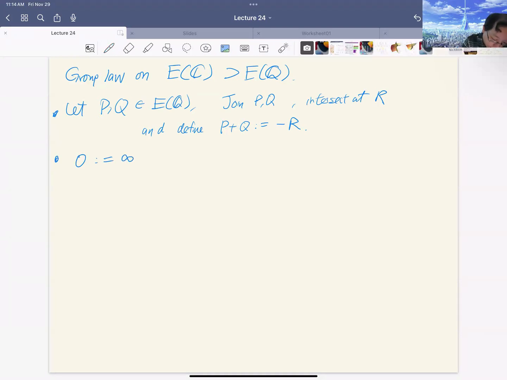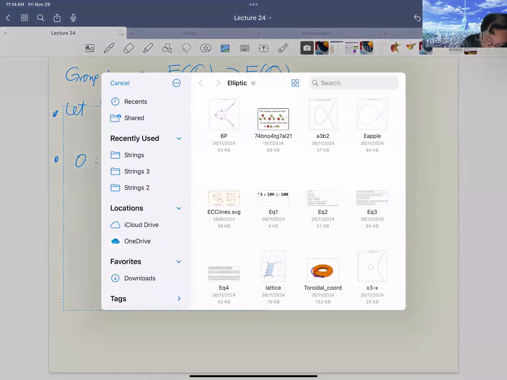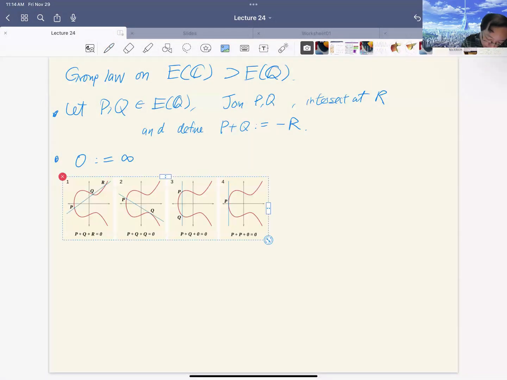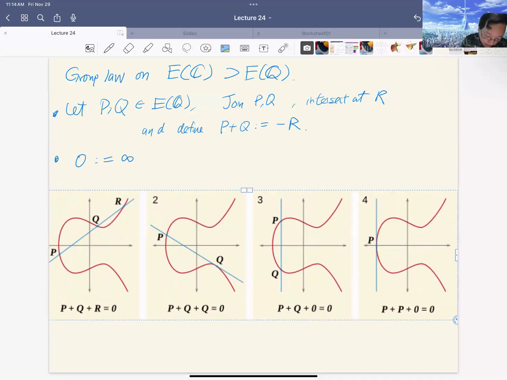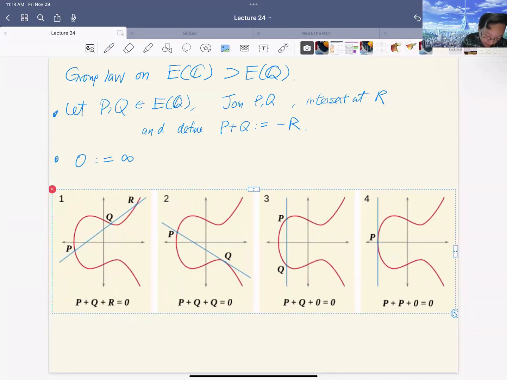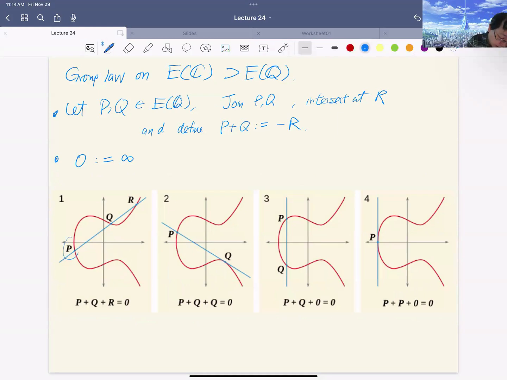So let's look at the picture. This is from Wikipedia, of course. Basically, if I have a point P here and a point Q here, I draw the line and I get R. Then I look at minus R, which is here, and I call this minus R the result of P plus Q. That's why Wikipedia says P plus Q plus R is 0.